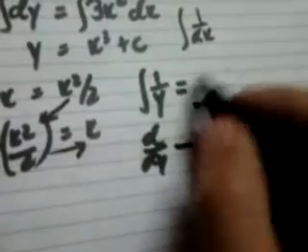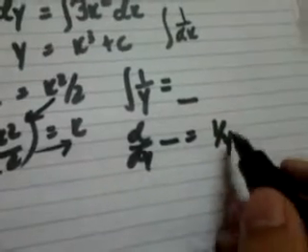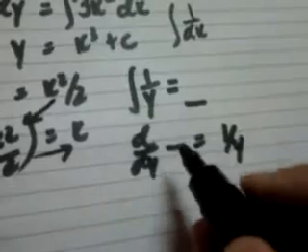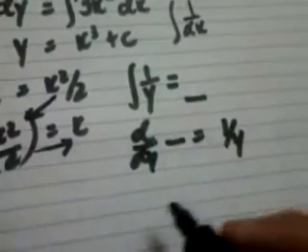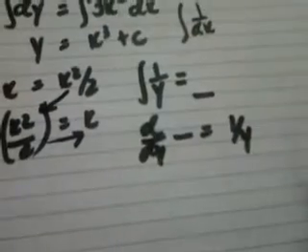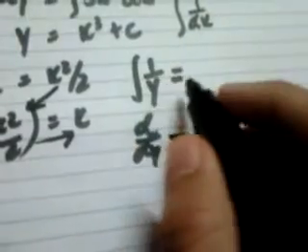The integral of 1 by y gives something, and the differentiation of that something is 1 by y. So what is that what?